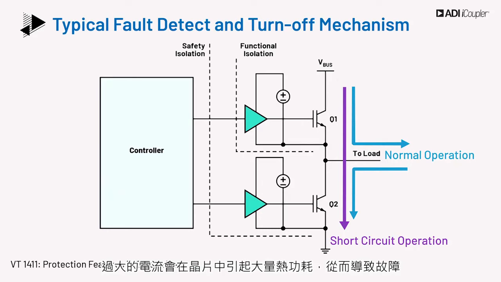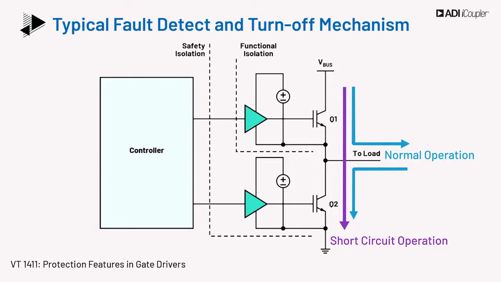Excessive currents cause a large amount of heat dissipation in the die, leading to failure. Thus, a protection circuit needs to be designed based on current level and the withstand time period of the device. This circuit will ensure that the power device is turned off before damage.